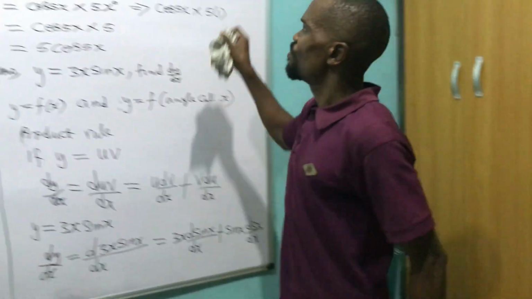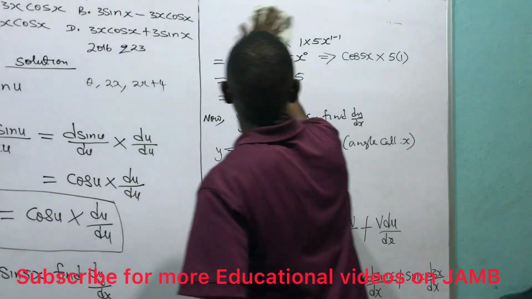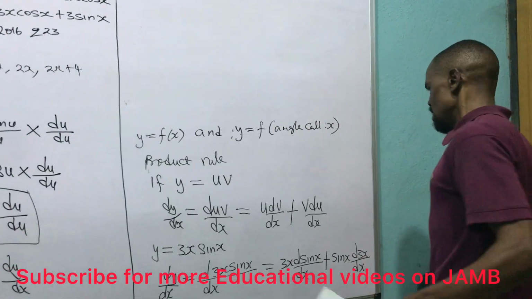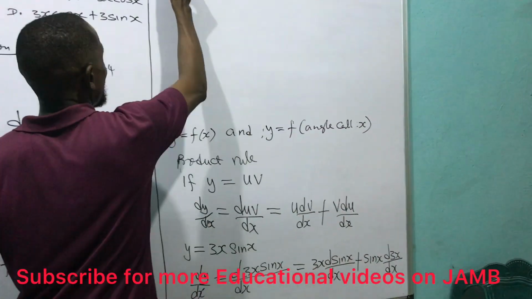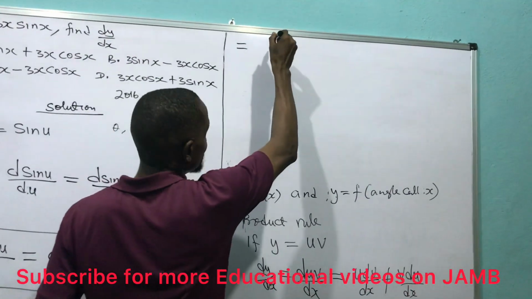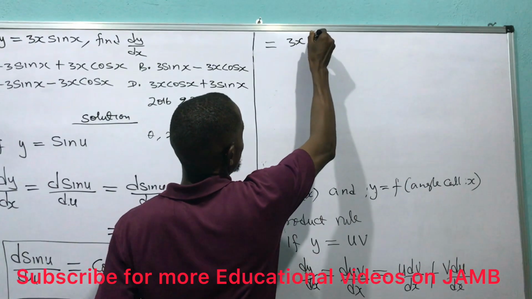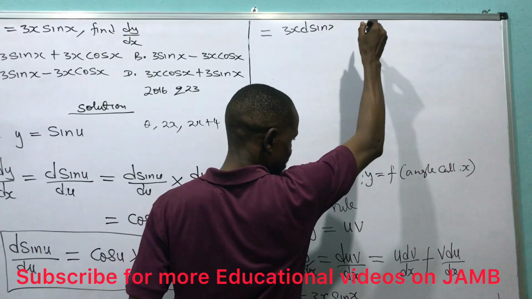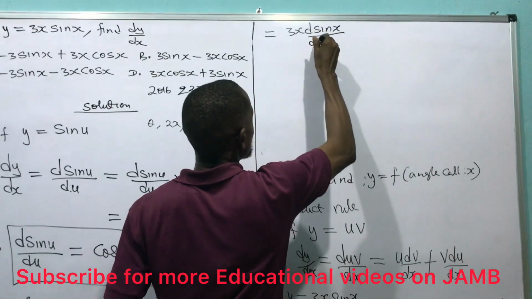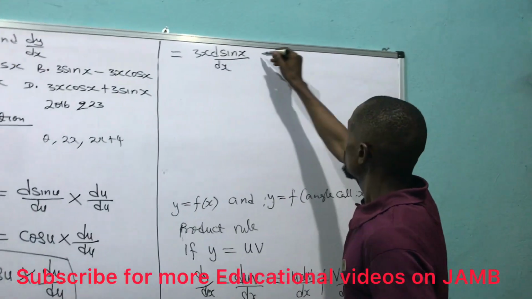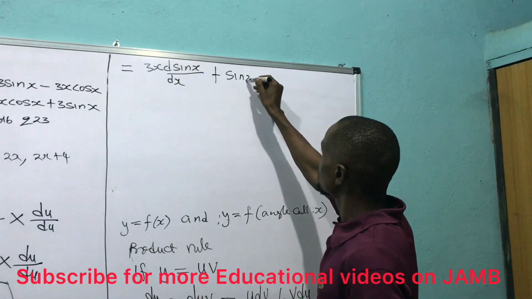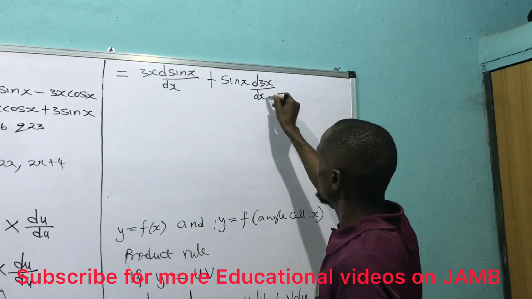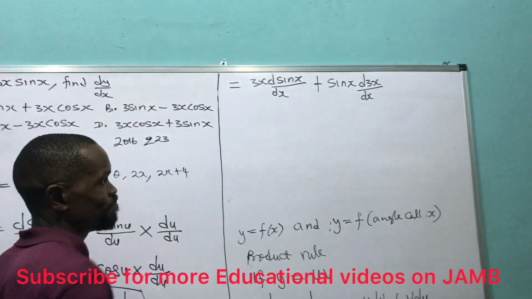Let me clean up here to complete the process. What I have now is equals 3x differentiating sine x with respect to x, plus I'm keeping sine x differentiating 3x with respect to x.